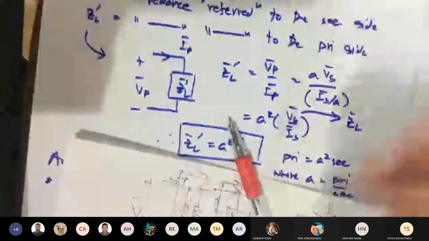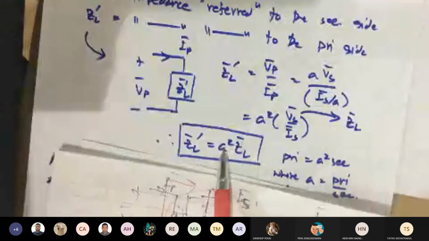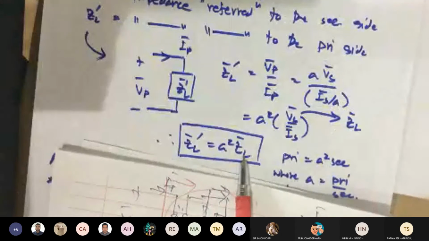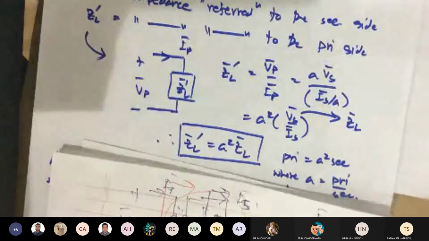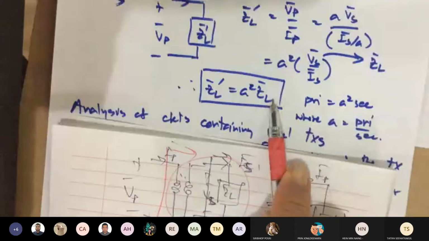Put that in. Okay, you're going to get A squared ZL. Okay, and match that, it becomes ZL prime is A squared ZL.